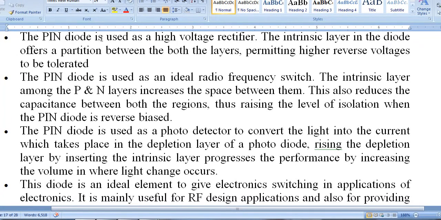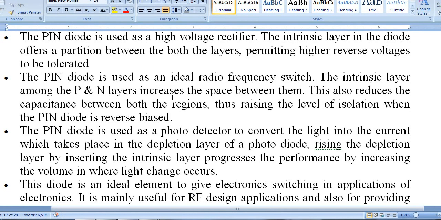The PIN diode is also used as a high voltage rectifier. The intrinsic layer in the diode offers a partition between both the layers, permitting higher reverse voltages to be tolerated. Another application is that the PIN diode is used as an ideal radio frequency switch.